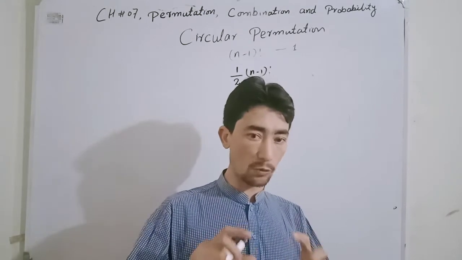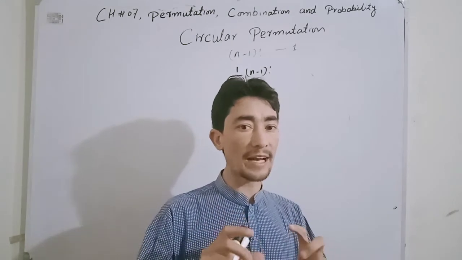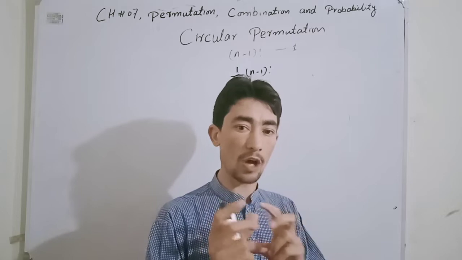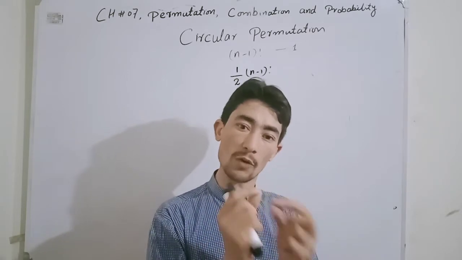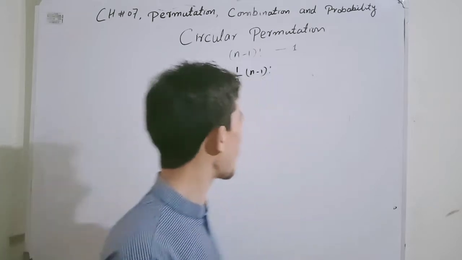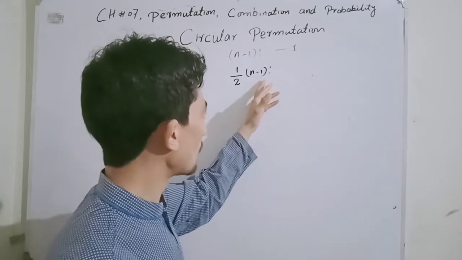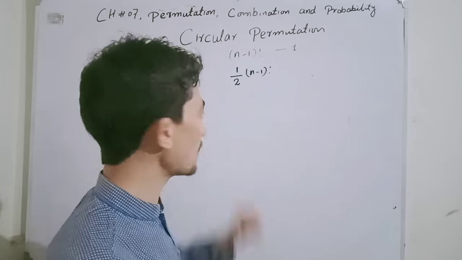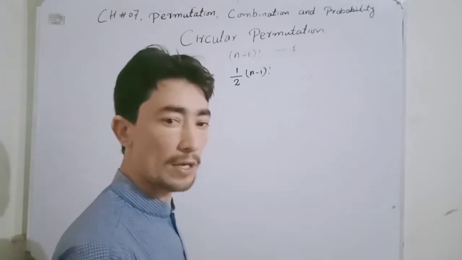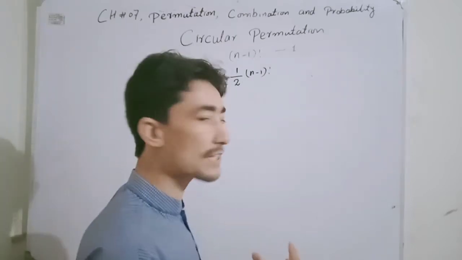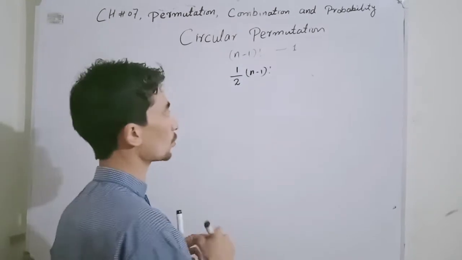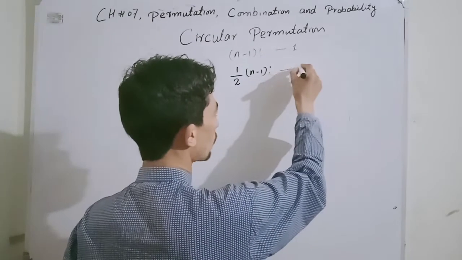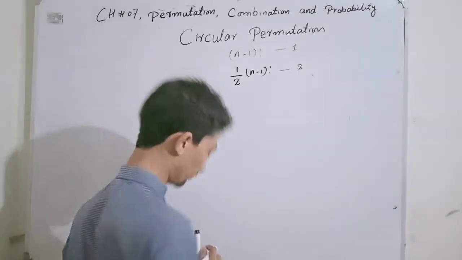Because you know that when you want to rotate the necklace in clockwise or anti-clockwise, at that time half of the part will be same and half will be different. Therefore n minus 1 factorial divided by 2, because you know that it is the case of flip. So therefore in flipping case the formula will be 1/2 times n minus 1 factorial. This is the second formula.